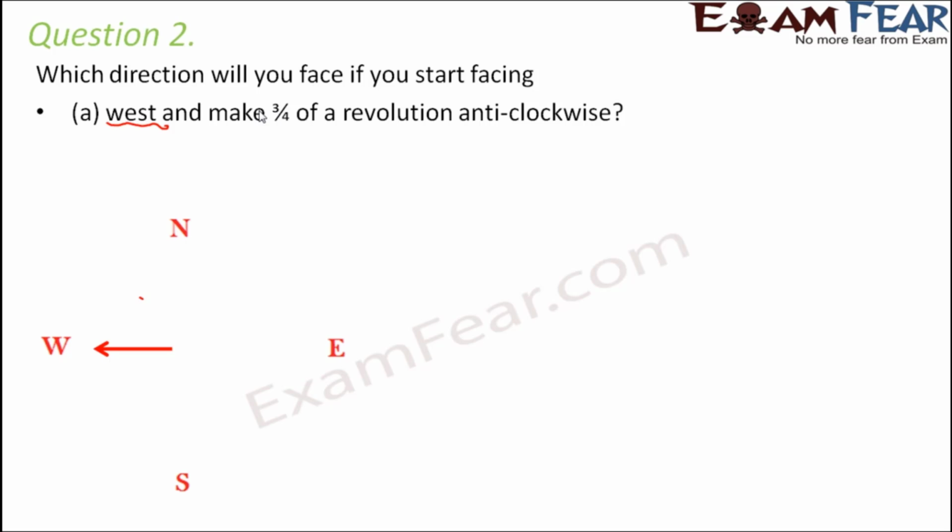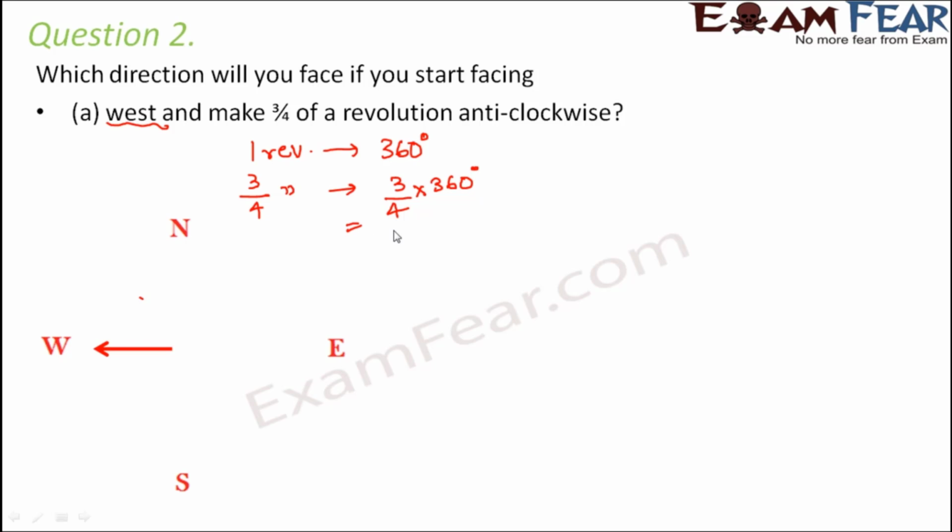Okay. Now what you do, you make 3/4 of a revolution. Can you tell me how much is 3/4 of a revolution? We already know that one revolution corresponds to 360 degrees. That is the complete angle is one revolution. So 3/4 of a revolution would be 3/4 of 360 degrees. Right?